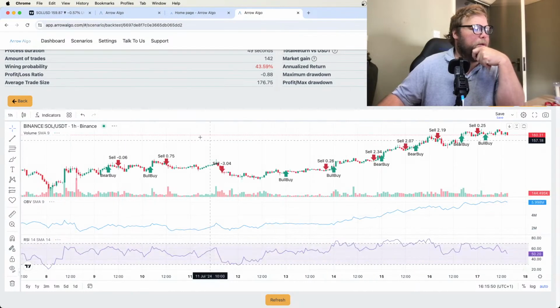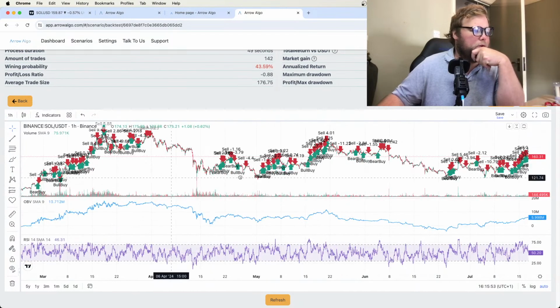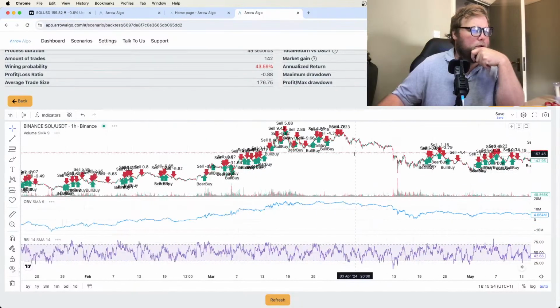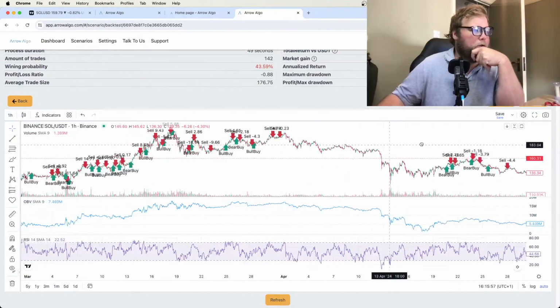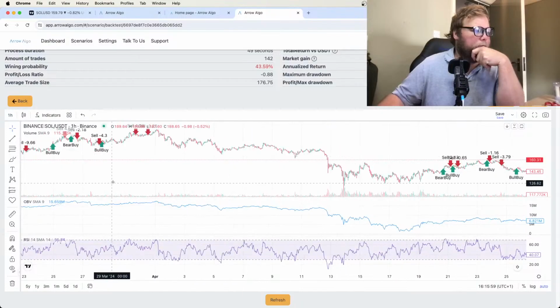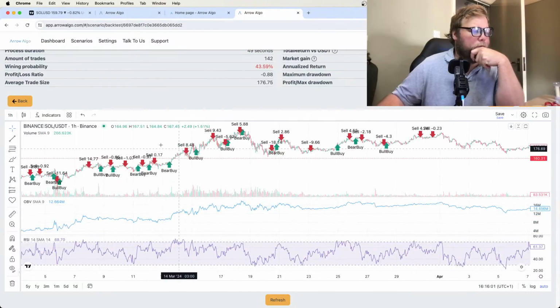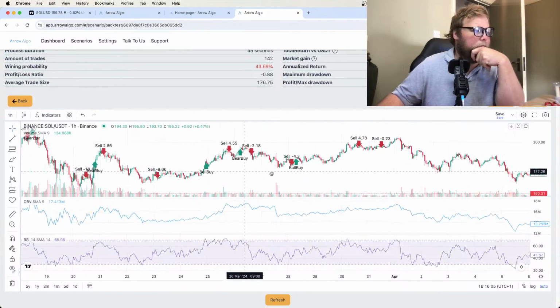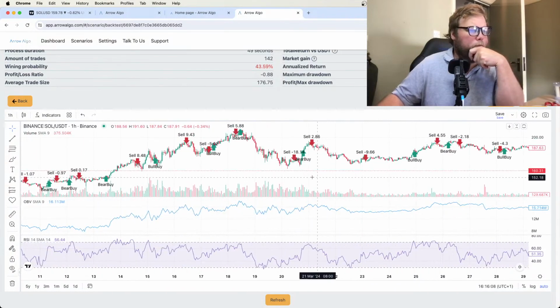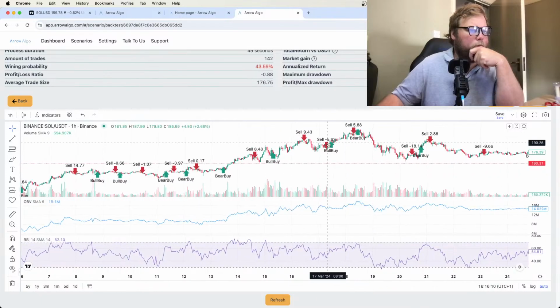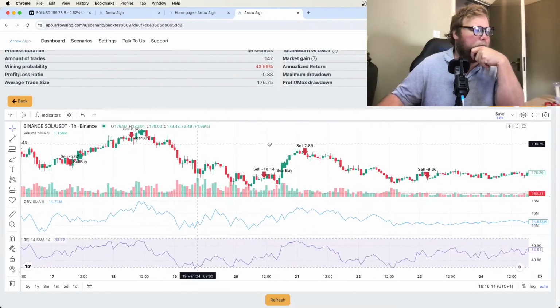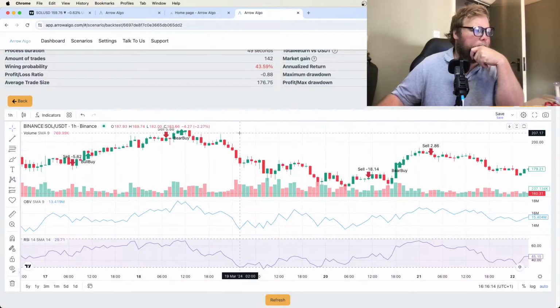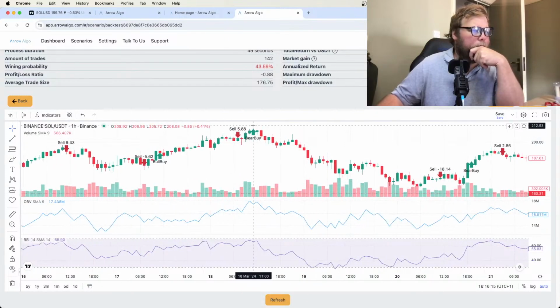We switch that over to an hourly time frame perhaps. We can see the hourly RSI was very high there as well.